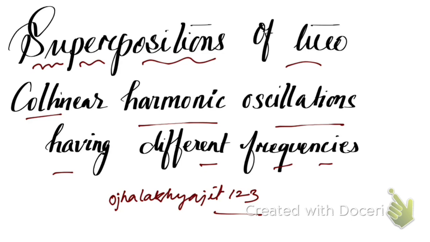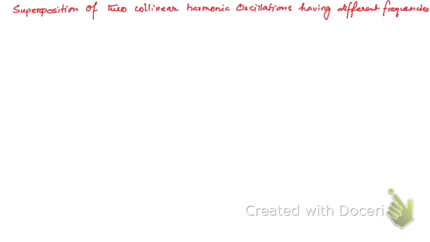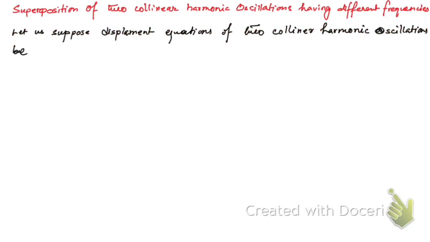Okay, so now let's start. Superposition of two collinear harmonic oscillations having different frequencies. Let us suppose the displacement equations of two collinear harmonic oscillations are given by y1 = a1 sin(ωt + α), where a1 is the amplitude, and y2 = a2 sin(ω't + δ).